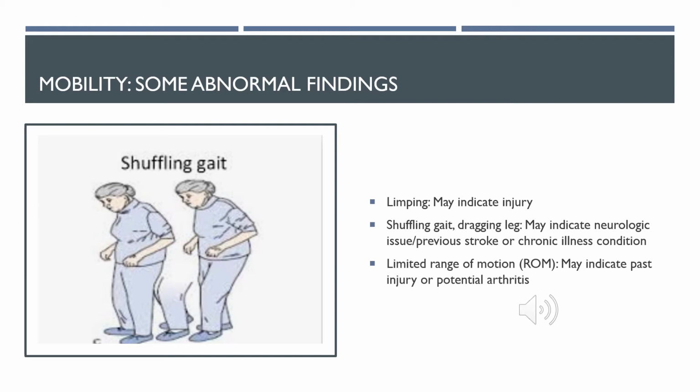Sometimes you'll have the older adult who shuffles with their gait because they're afraid of falling. It can also indicate previous stroke or chronic illness. A limited range of motion or limited ROM may indicate somebody's suffering from arthritis or may have had a past injury, so it has limited their range of motion.